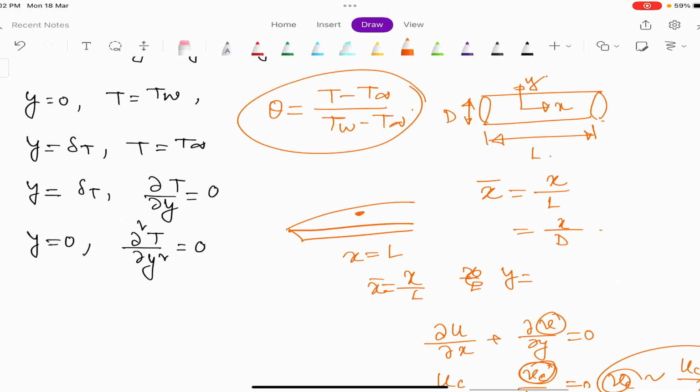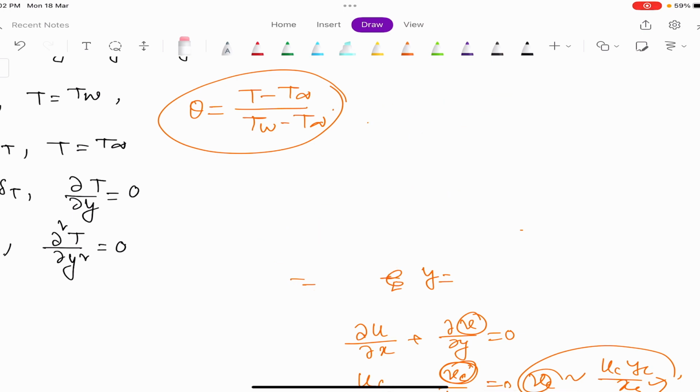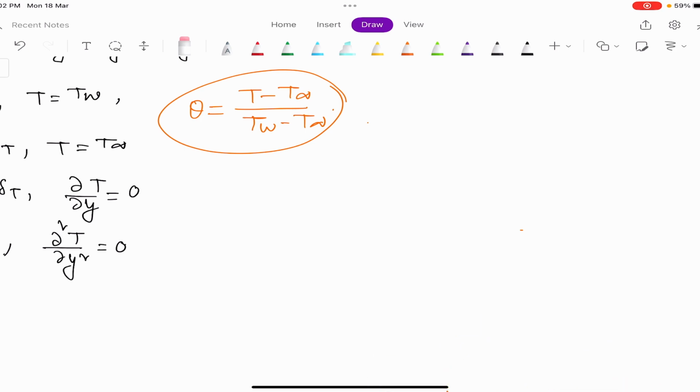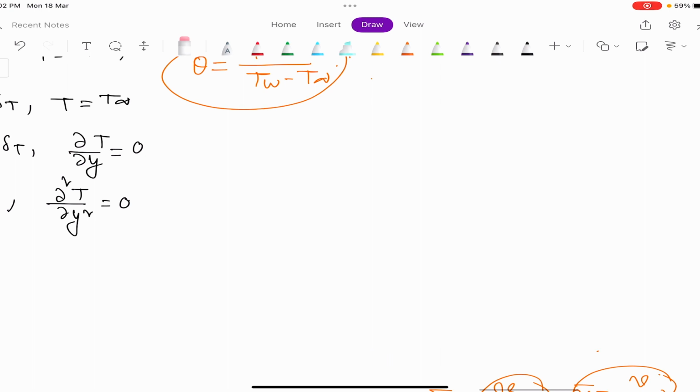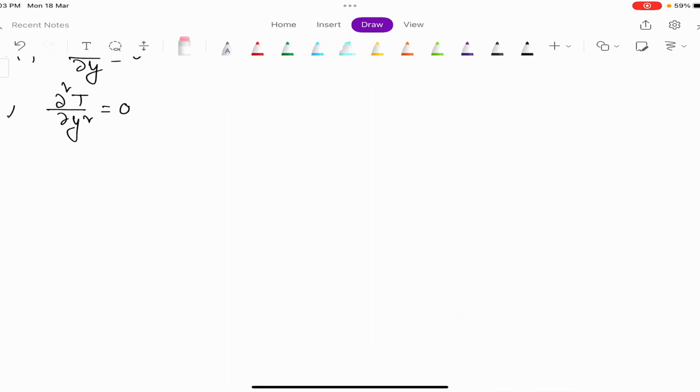Okay. So from that point of view, I have defined this theta, that is T minus T infinity by T wall minus T infinity. So why have I defined it like that? Just put the boundary conditions for this theta.